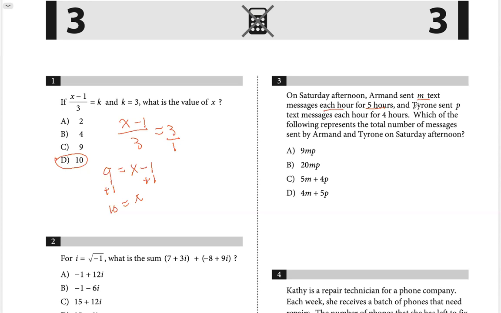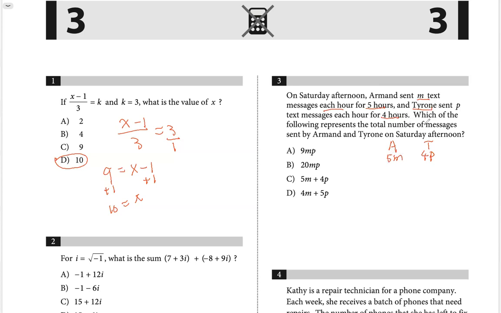And Tyrone sent P text messages each hour for 4 hours. So how many did Tyrone send? 4P. Right, so let's write down here. So 4P for Tyrone, and Ahmed sent M each hour for 5 hours.